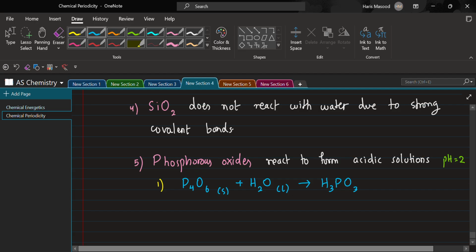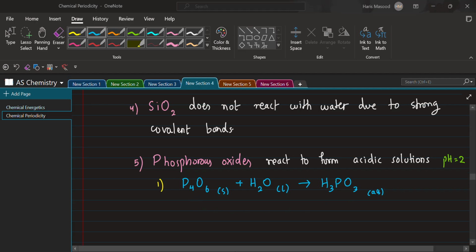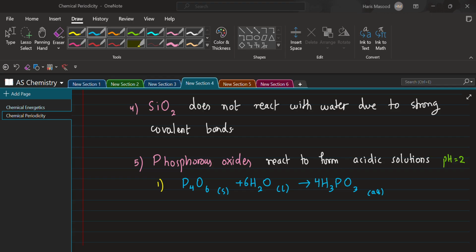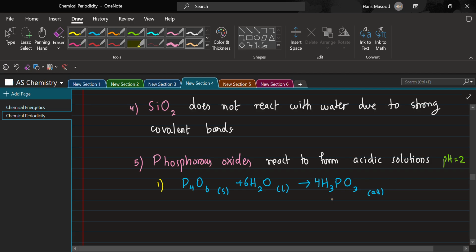This is phosphorous acid. So the balancing will be 6 here, 4 here. Okay, so this is phosphorous acid.